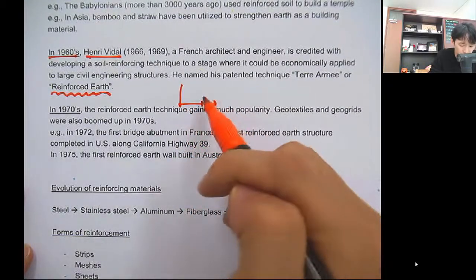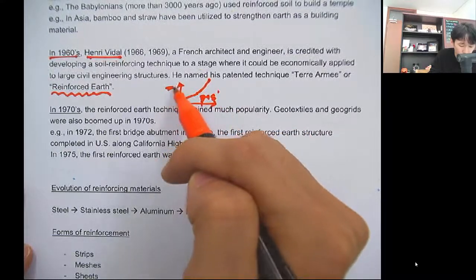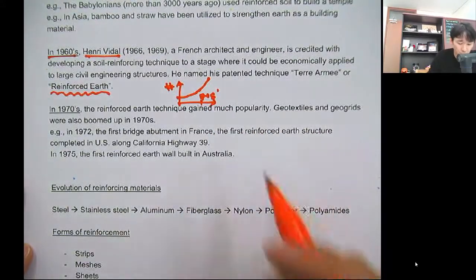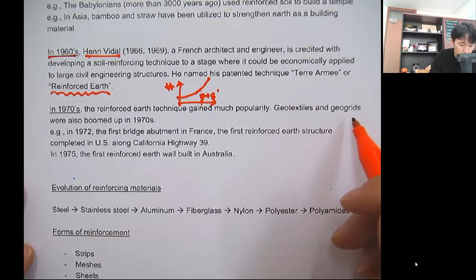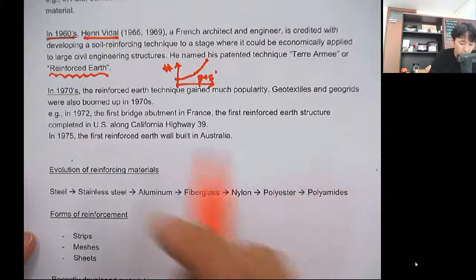So in 1970, the use of the technique spiked, and geotextile and geogrid also boomed in the 1970s.